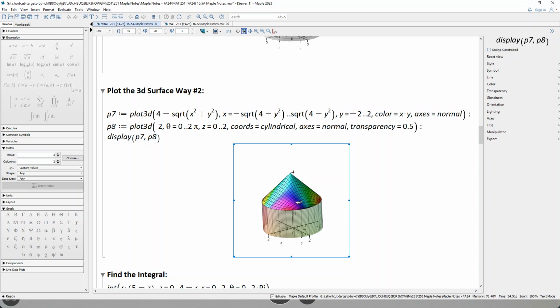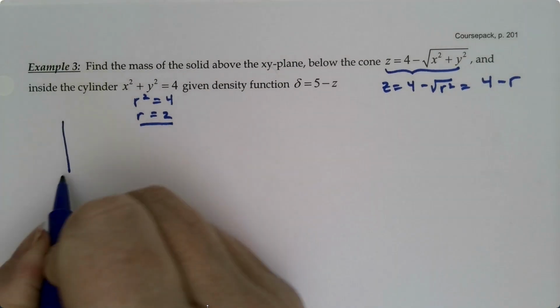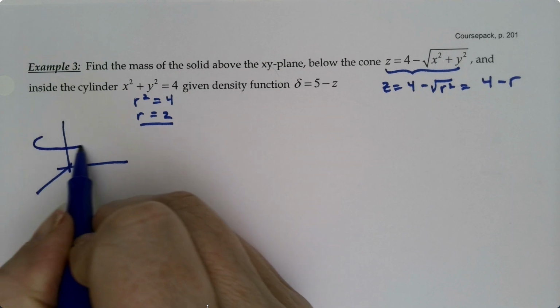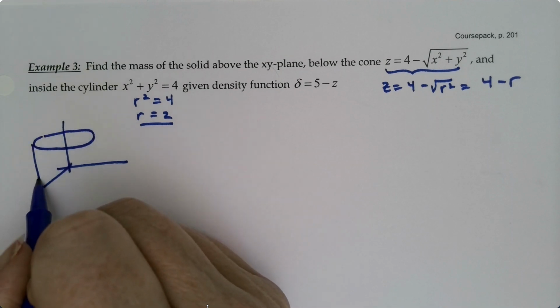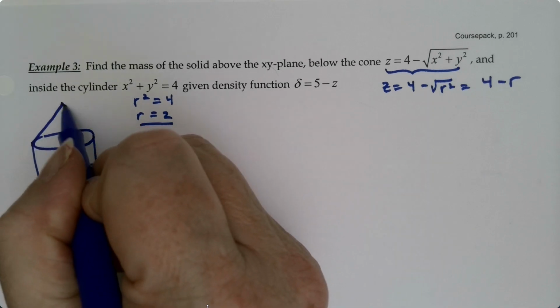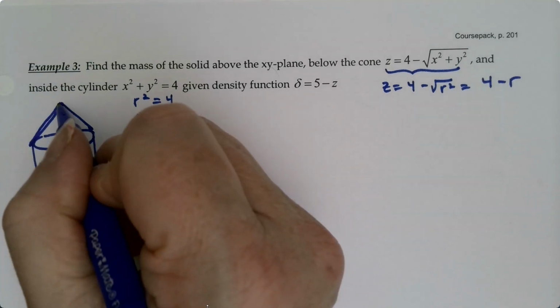All right, so let's look at the integral. We want to find, oh, and actually let's draw it. So we know that we have a cylinder like that, and then we have a cone on its head. There we go. Not the best drawn cone, but there you have it.